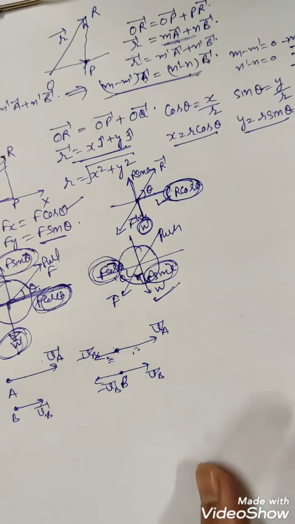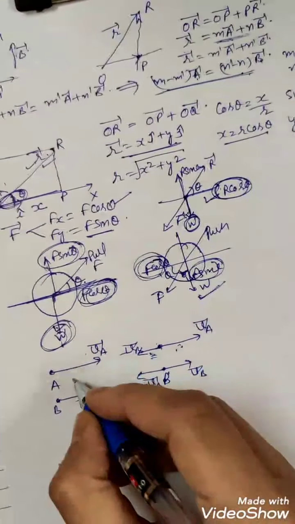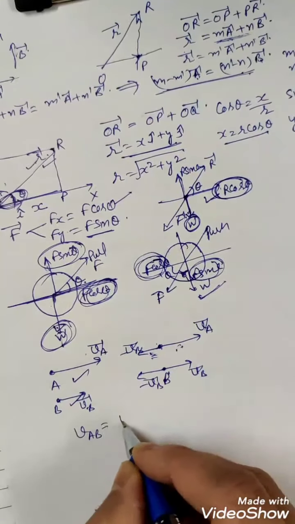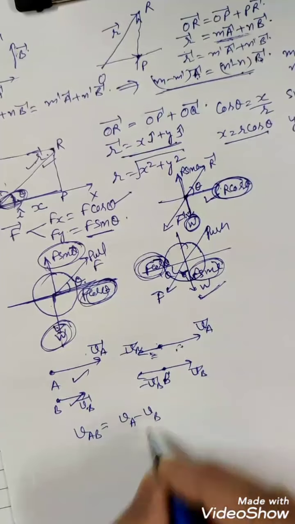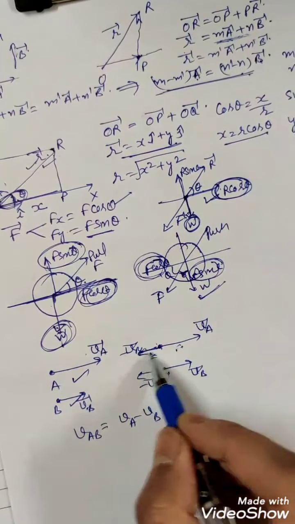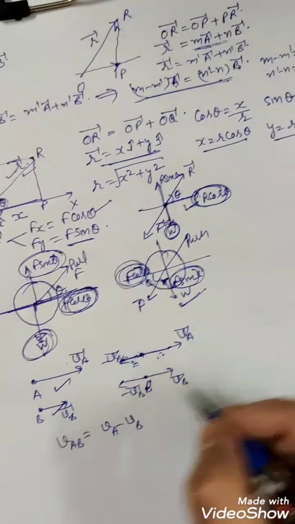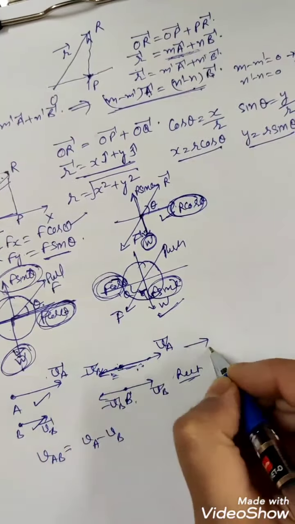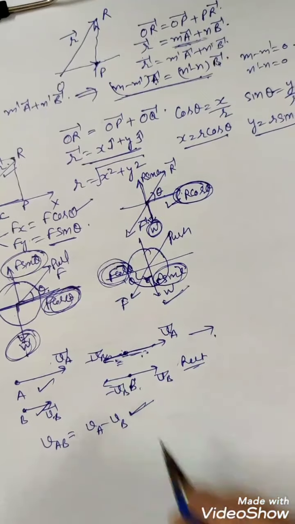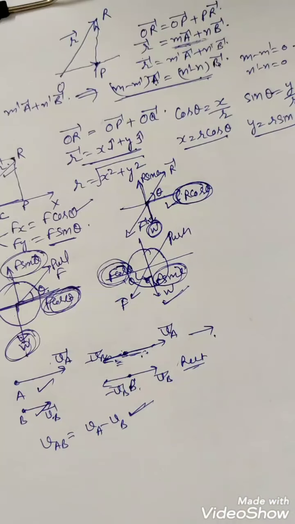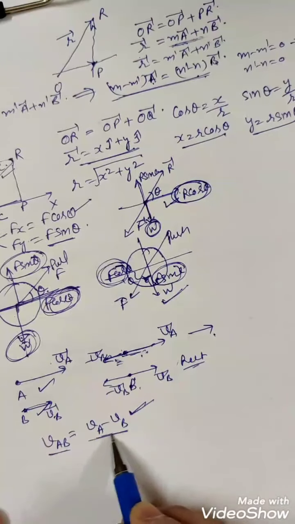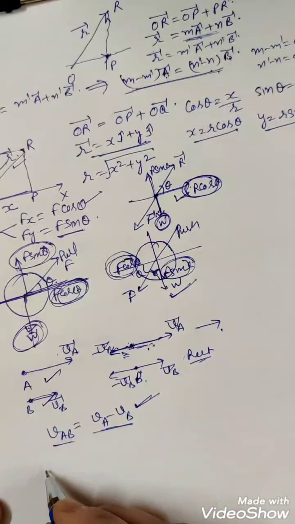When two bodies are moving in the same direction, their relative velocity is the difference of their magnitudes, because the opposite vector cancels part of the resultant. So keep in mind, when two bodies are in relative motion in the same direction, their relative velocity is the difference of their individual velocities.